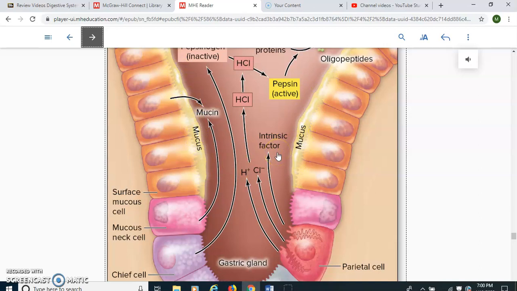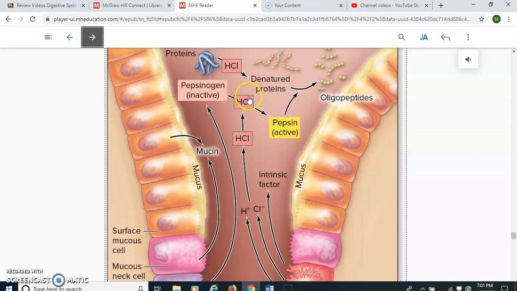It's necessary that they produce that mucus, because the mucus provides a physical barrier between all the epithelial cells lining the stomach in the mucosa and this acidic environment in the lumen of the stomach.